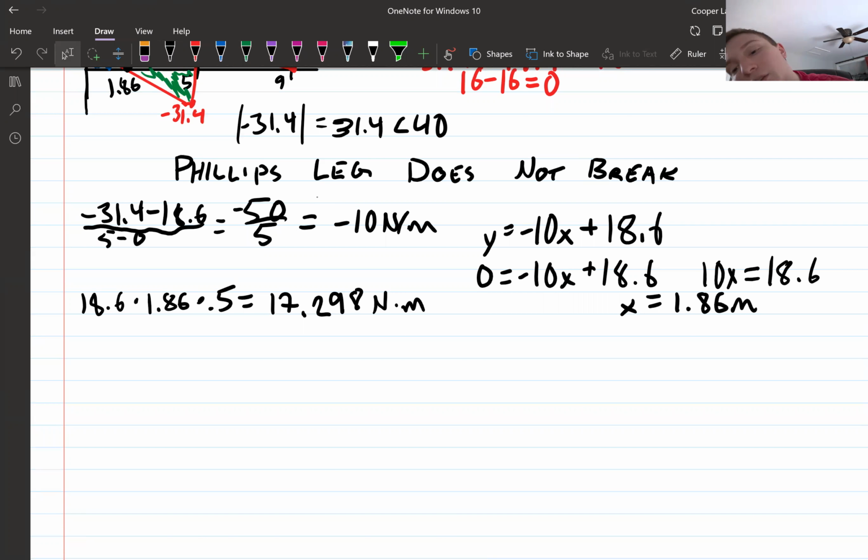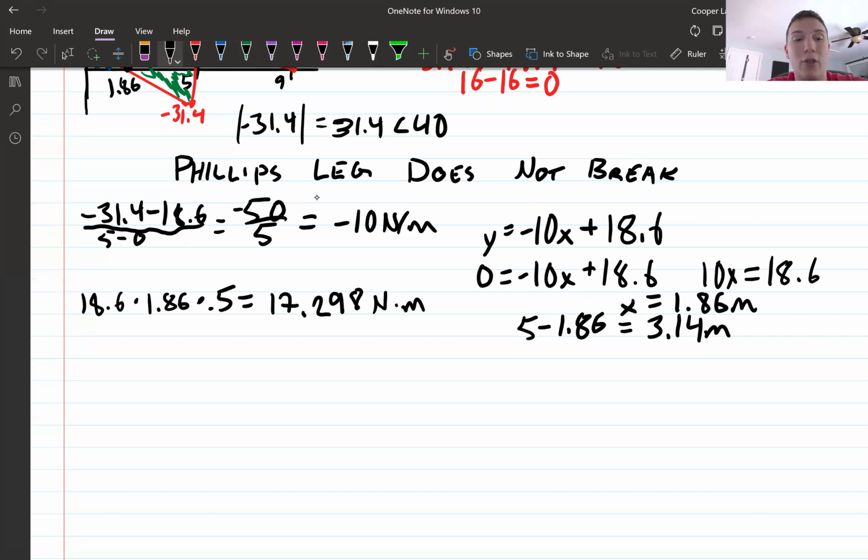So in order to figure out the base of this triangle, I have to do 5 minus 1.86. And when I do this out, I'm going to get 3.14 meters. So its base is 3.14 meters long.